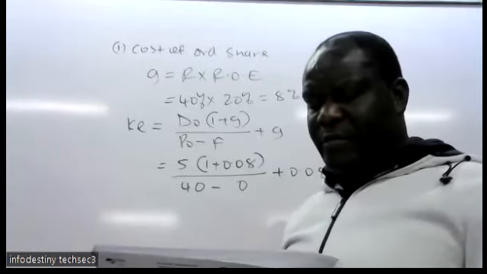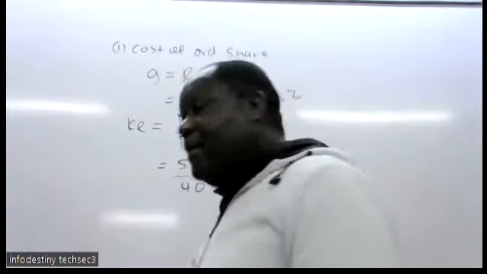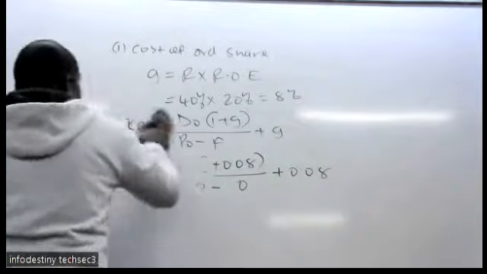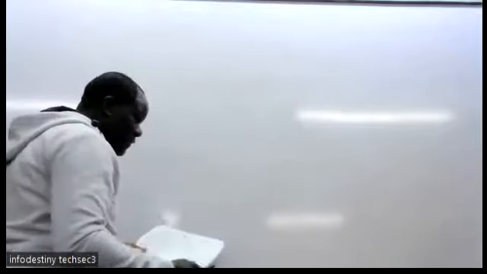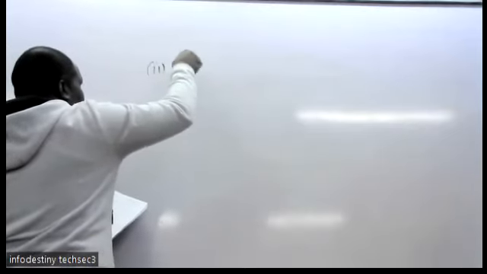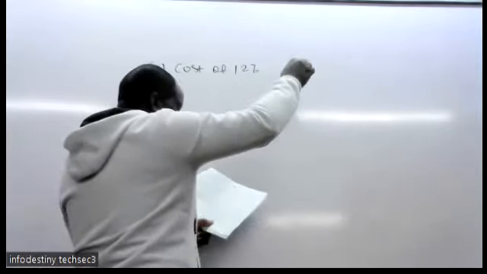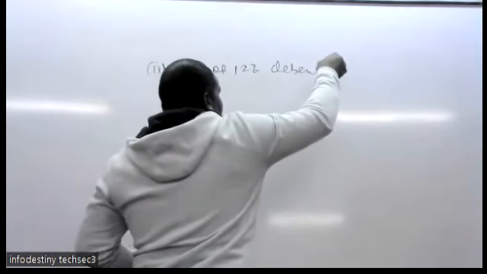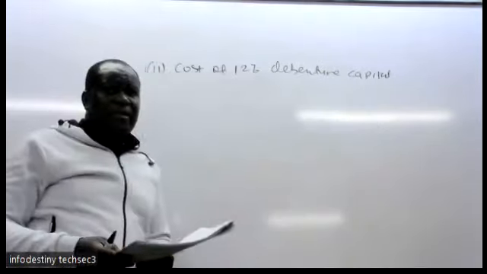So we go to Roman letter 2, the cost of the 12% irredeemable debenture capital.